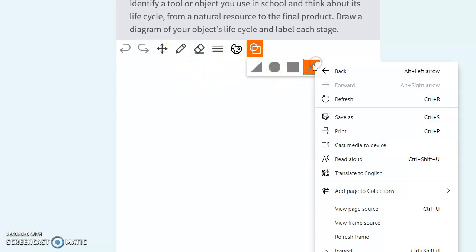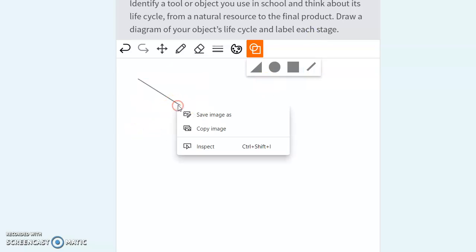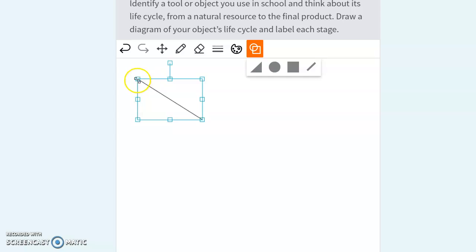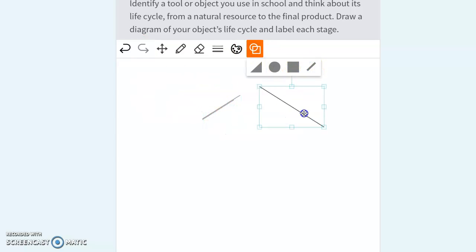Given that my drawing skills are limited, I'm going to use this line here to be my pencil. Right, so there's a whole line, and then I have a line here. So you've got the pencil, and then it comes from the wood. So you have an arrow right here, the wood going in this direction.